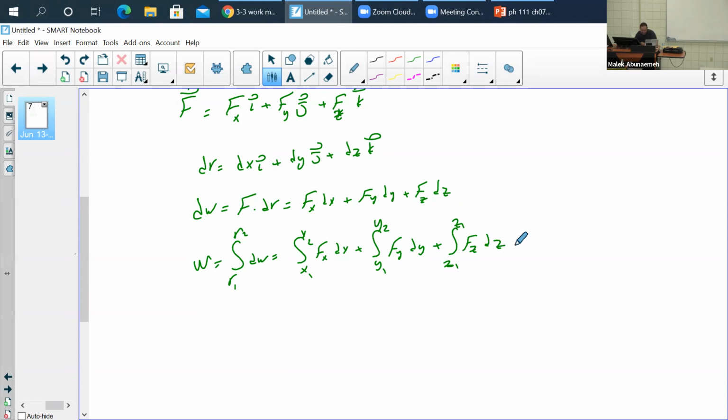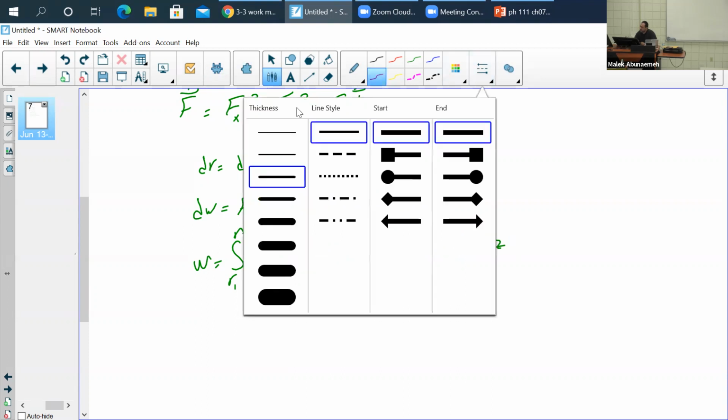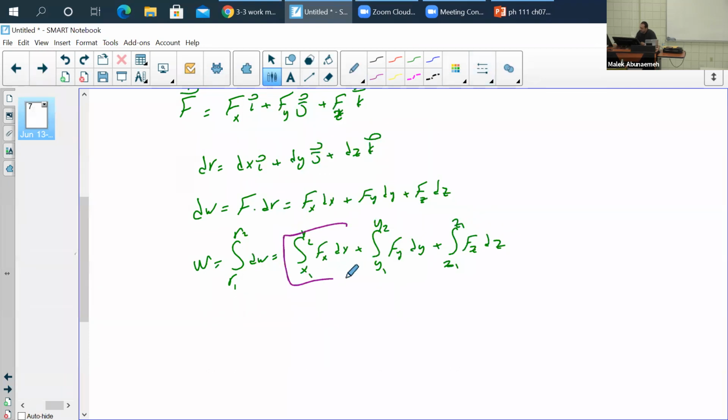But we've been talking about the x, so let's just take the x. So let's take this little fellow over here. And we said your work in the x direction would be from x1 to x2 of F of x dx, which is going to equal the integration of your force, your mass times acceleration in the x direction, dx.